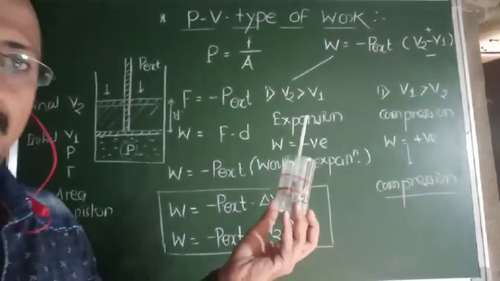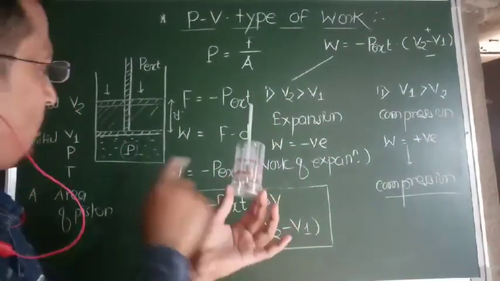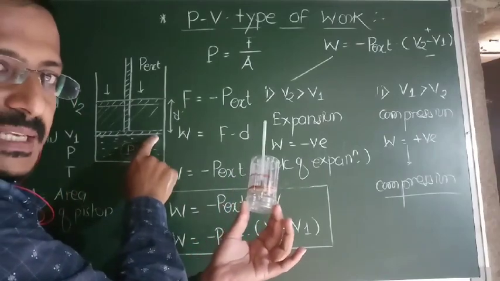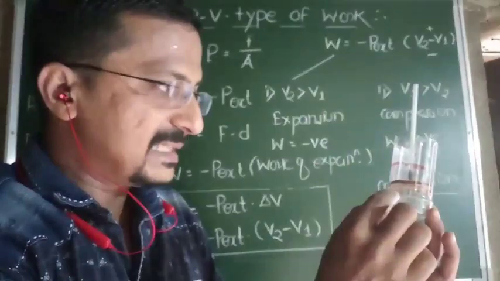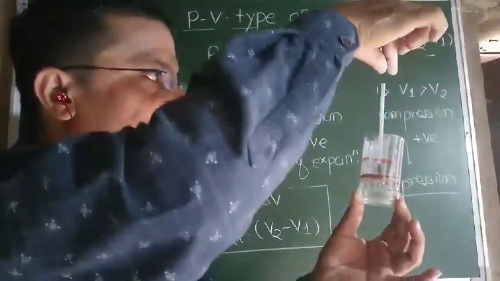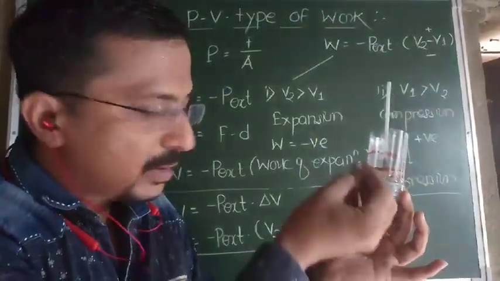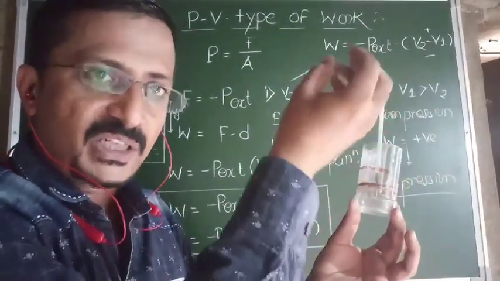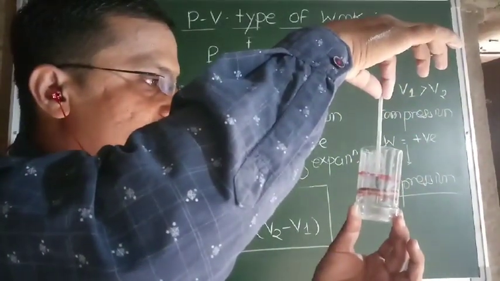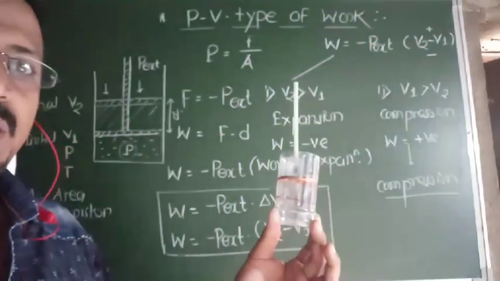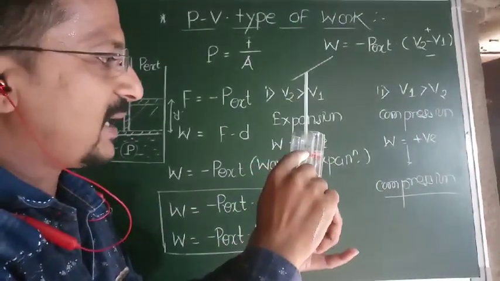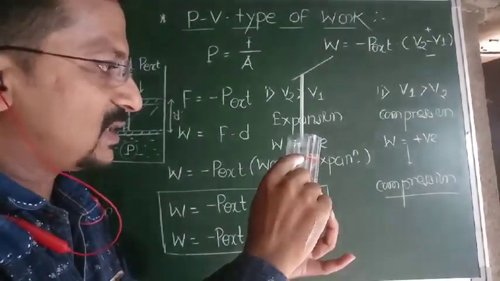This is the initial volume of the gas, V1. As the gas inside the cylinder undergoes expansion, it pushes the piston in the upward direction. As it pushes the piston upward, the piston slowly comes up and attains the maximum. That is the final state, that is V2.